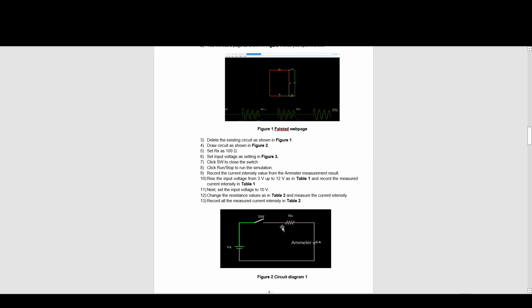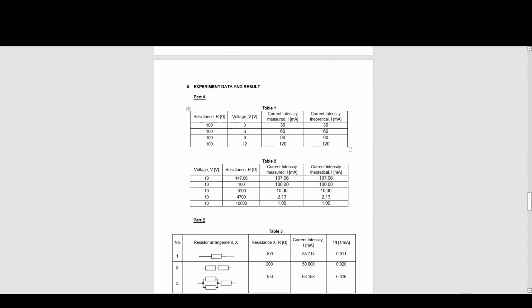We have a resistor, a switch, a supply and an ammeter. For the resistor we change it to 100 ohm, and we change the voltage depending on table 1, which is here. We have 3, 6, 9, 12 volts.